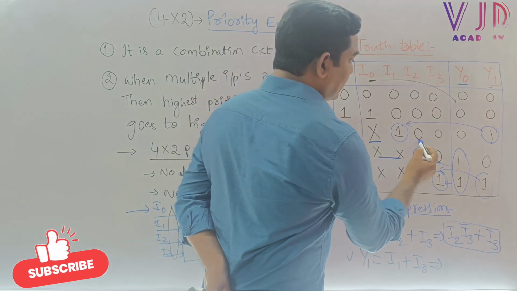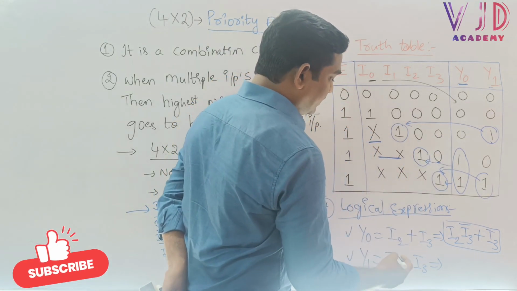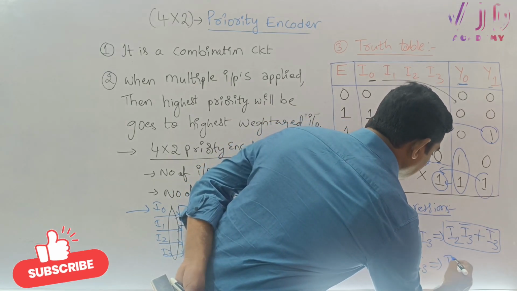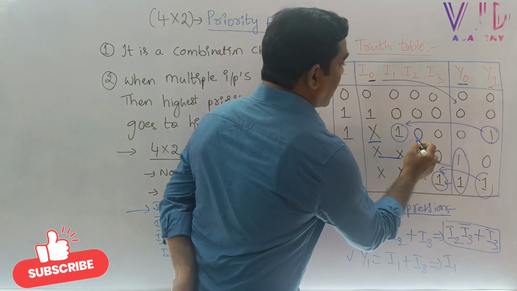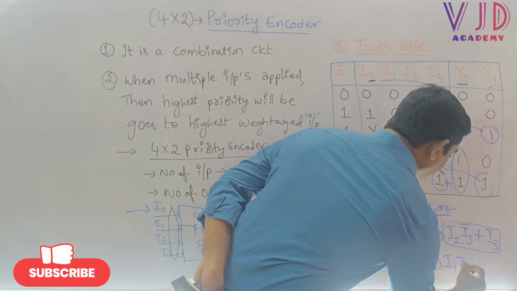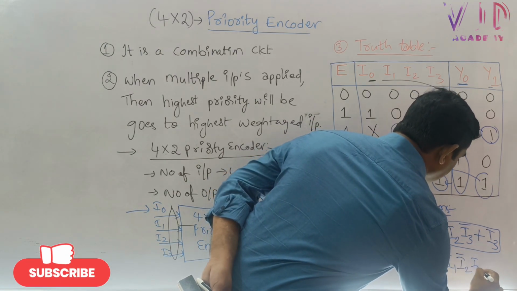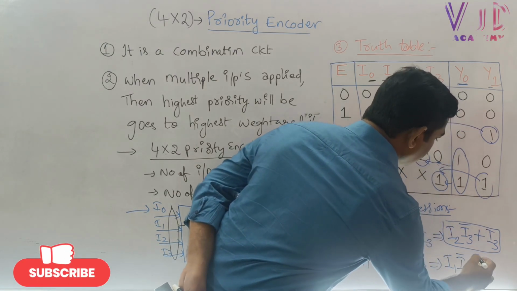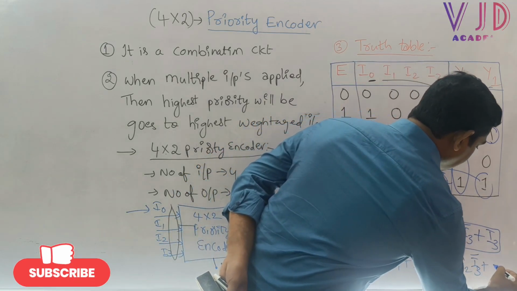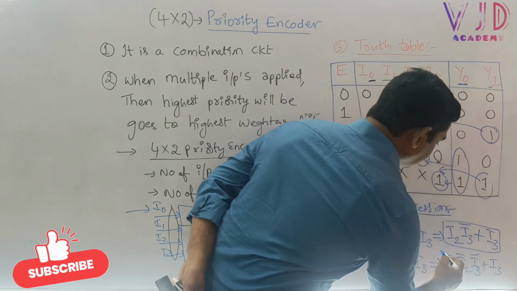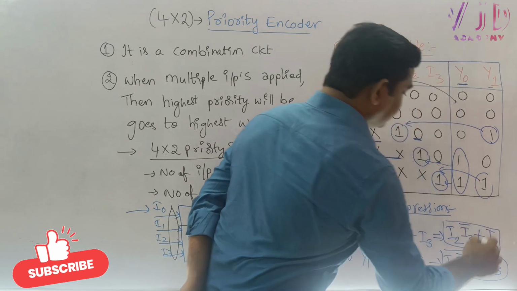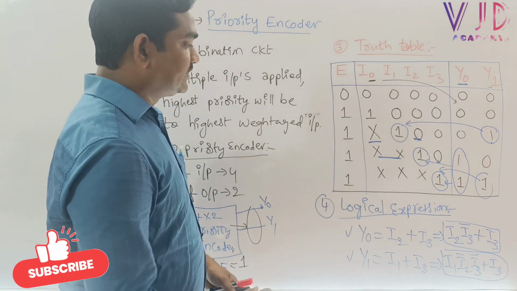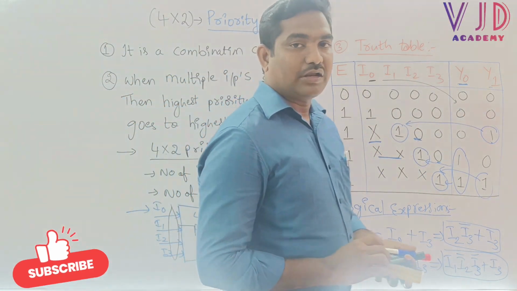I0 is blocked and I2, I3 are disabled. So I will write it as I1 plus I2 bar, I3 bar, and the second part is I3. This is the output of Y1. So this is the priority encoder analysis.